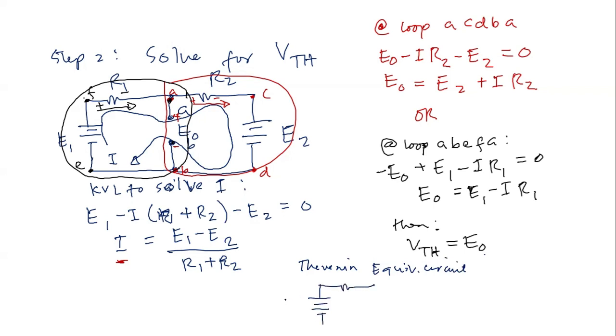So we have a new value of the VTH, the RTH, and we will connect back the RL, since the current in the RL is the unknown, and that current is IL. And then we simply use Ohm's law to solve for IL, and that is VTH over RTH plus RL.